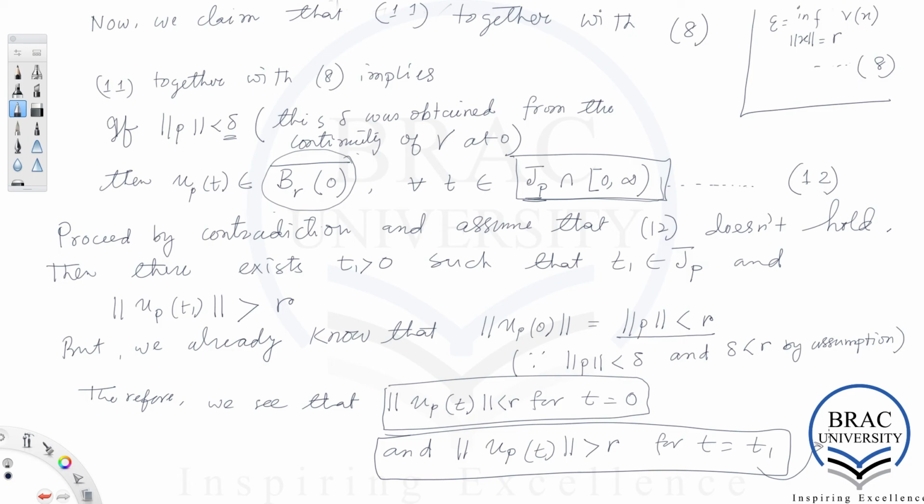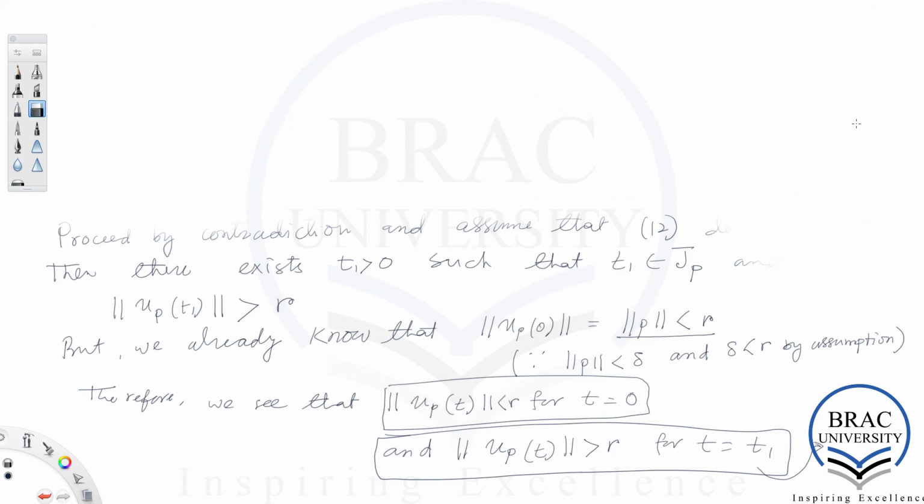We assume by contradiction that there is a time T1 at which the norm of the solution will be greater than R, and at t equal to 0 the norm of the solution will be strictly less than R. Now we are in a state to apply the intermediate value theorem.